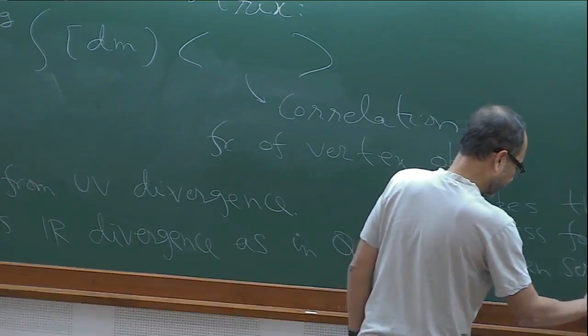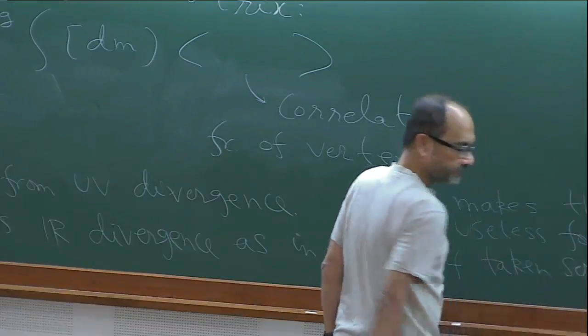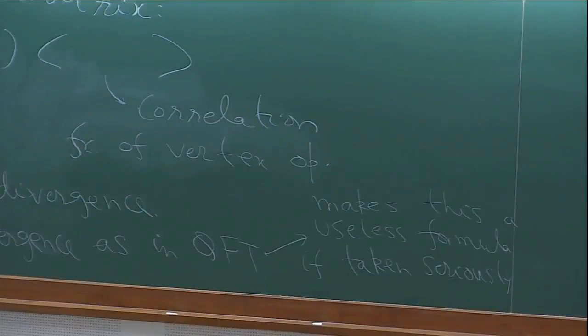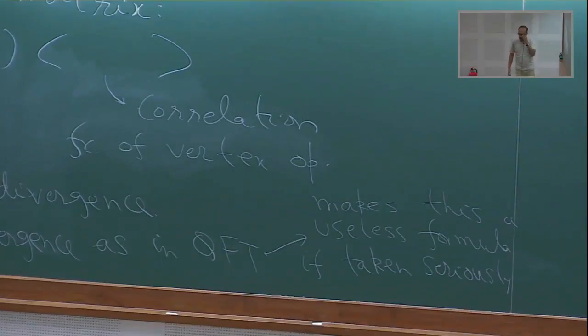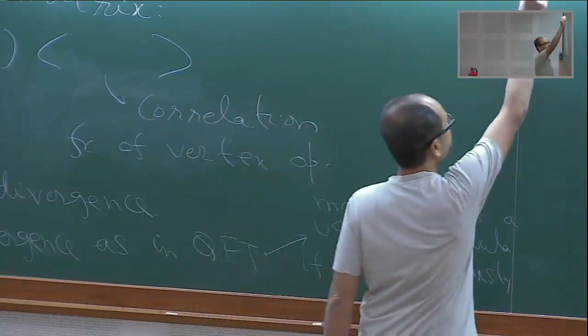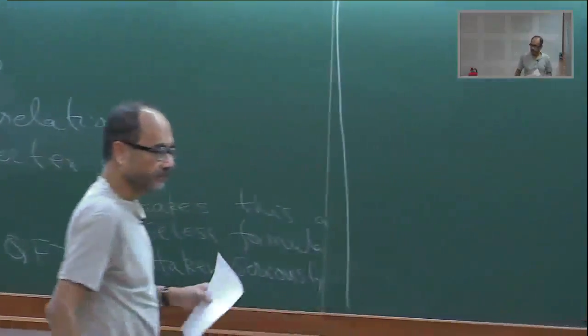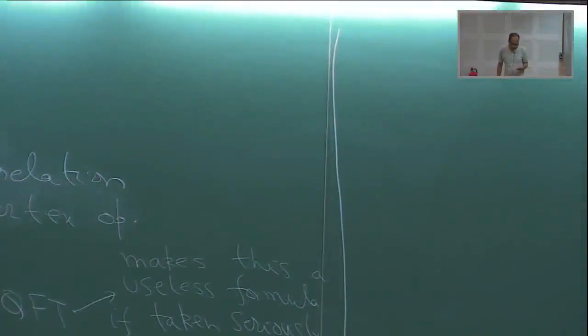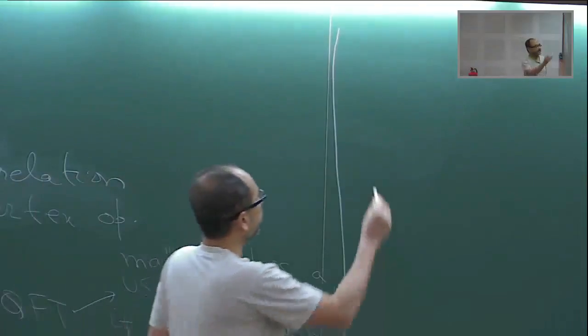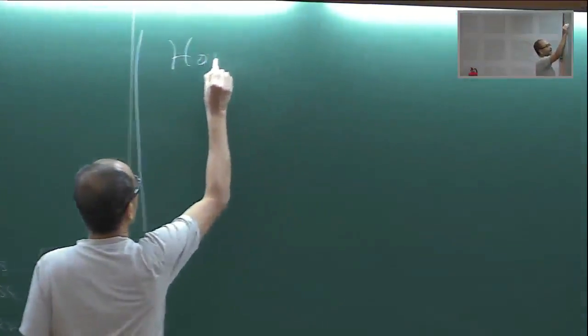I'll explain what I mean by this. We will see that in almost all physical cases, this formula is strictly divergent. It gives an infinite answer for physical quantities. So the question is how to cure this, and this will be the main goal of this talk.